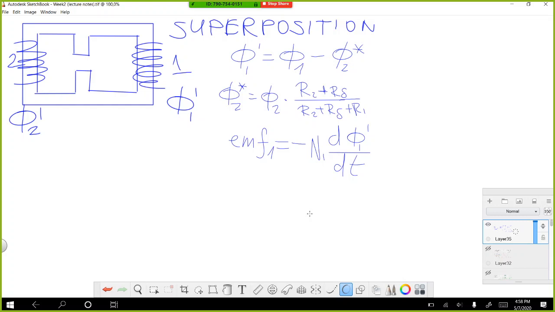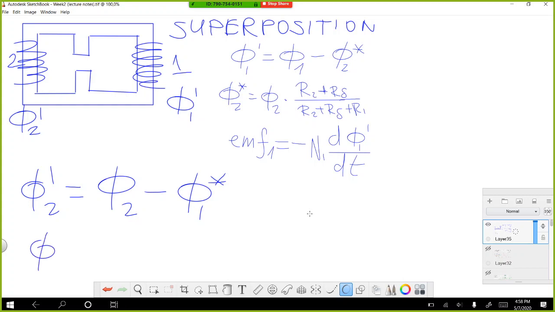Okay, similarly, we can find phi2 prime, the flux linking the second coil, which is phi2 minus phi1 star.